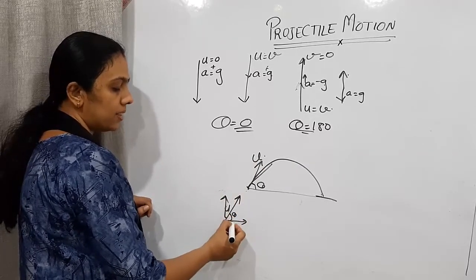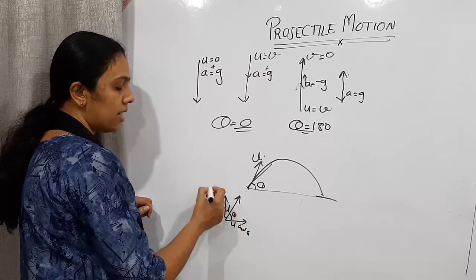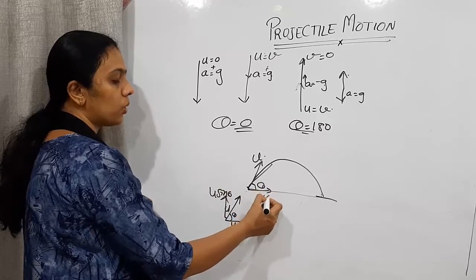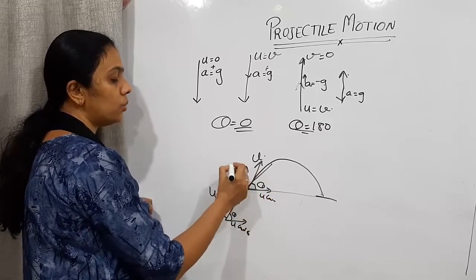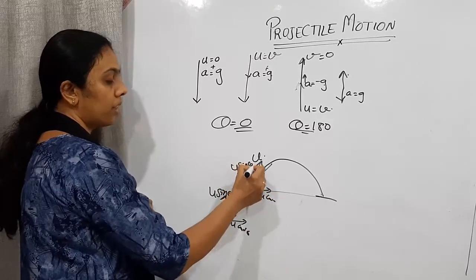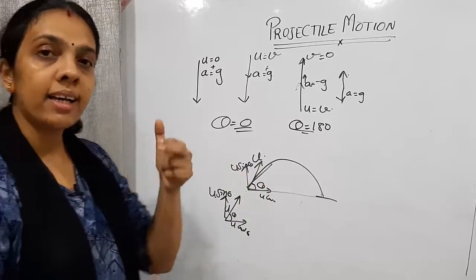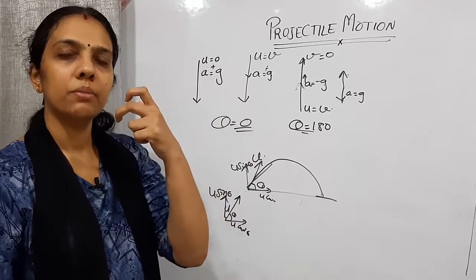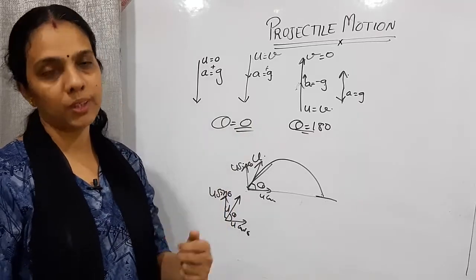This is theta, therefore it is u cos theta, and u sin theta. So here it is u cos theta, and here it is u sin theta. Okay, clear? Like that, at different points we can find the different components of velocity.